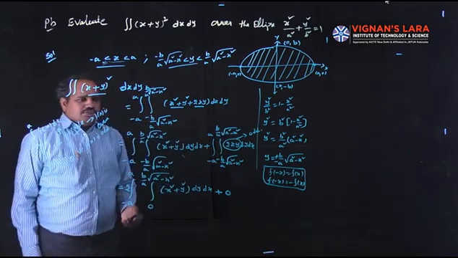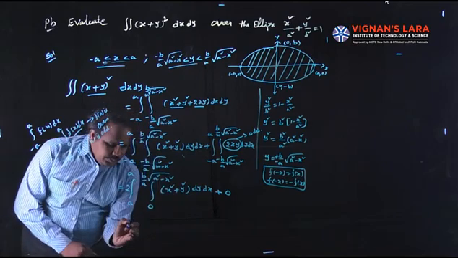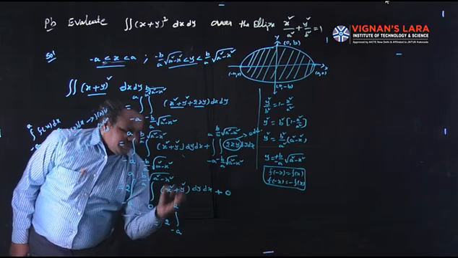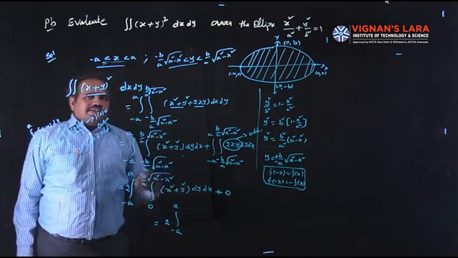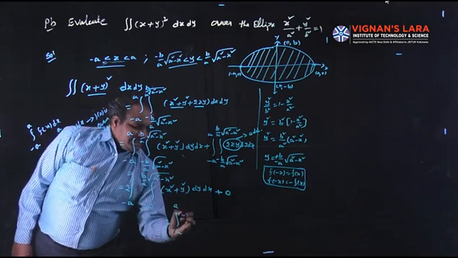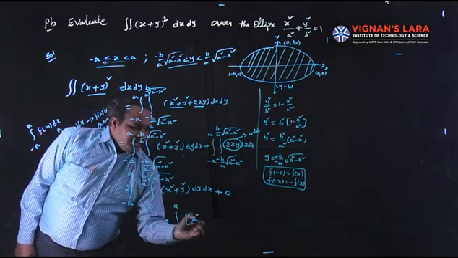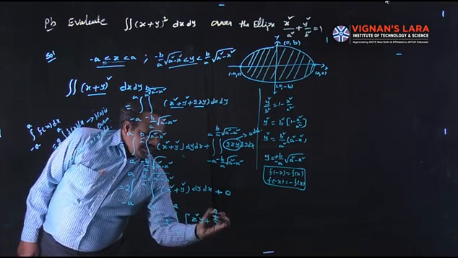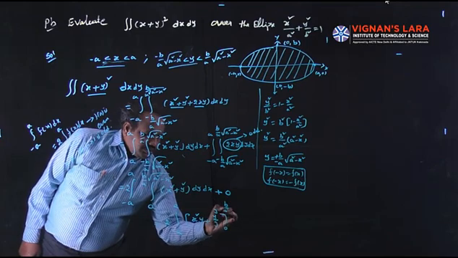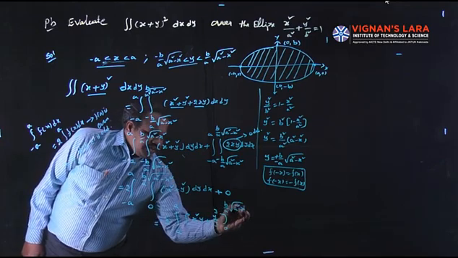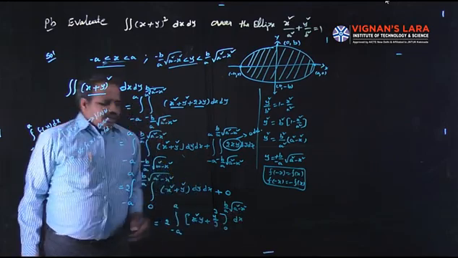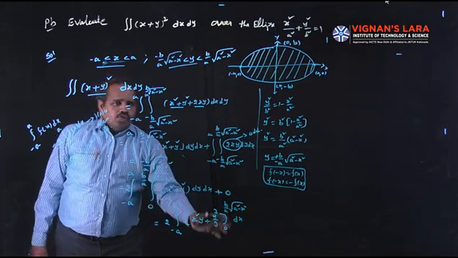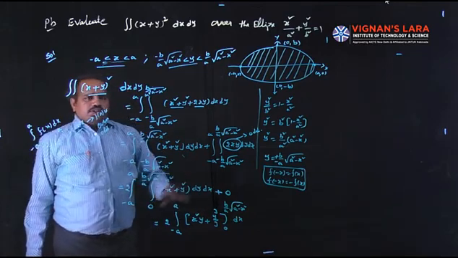Now make integration of this one, which is equal to 2 into the integral from minus a to a, with respect to y, meaning treating x as constant. So x square into 1 integration is y, plus y square integration is y cube by 3, with limits 0 to b by a under root of a square minus x square, into dx. Now we are replacing y by the upper limit and lower limit. We are simplifying this term, then only we go to the next step.